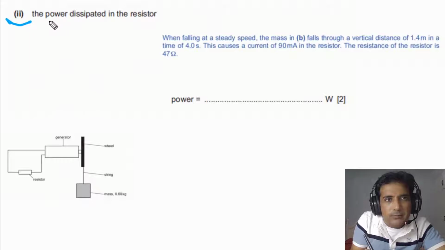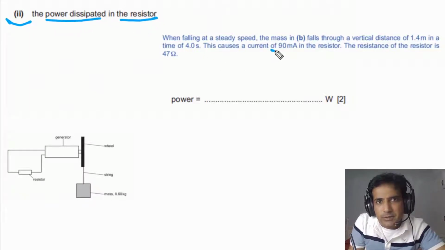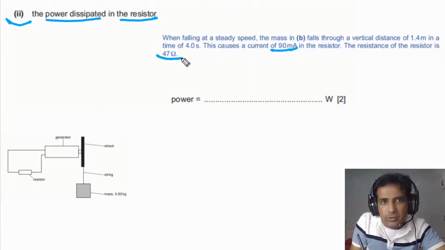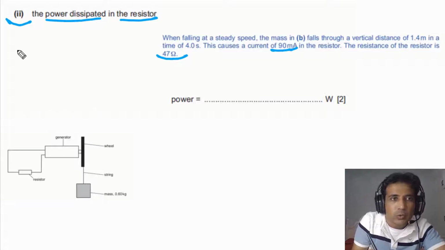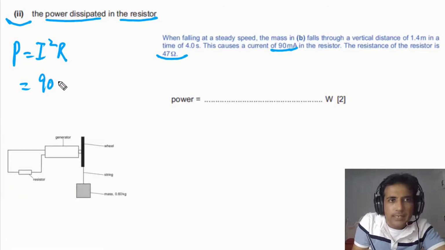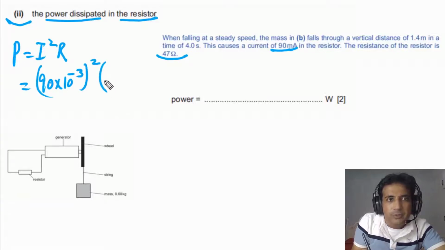For the second part, we need to calculate the power dissipated in the resistor. It is given in this question that the current through the resistor is 90 milliamps and the resistance of the resistor is 47 ohms. So we need to use P is equal to I squared times R. The value of I is given, that is 90 milliamps, so we have to convert this into amps, and multiply with the resistance, which is 47. If we multiply this, our final answer will be 0.38 watts.